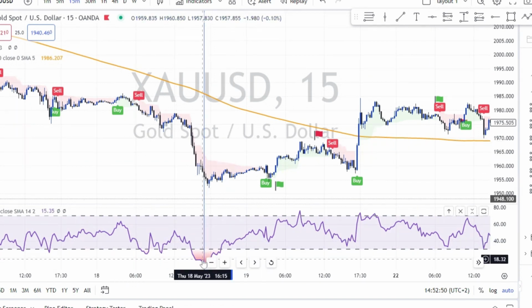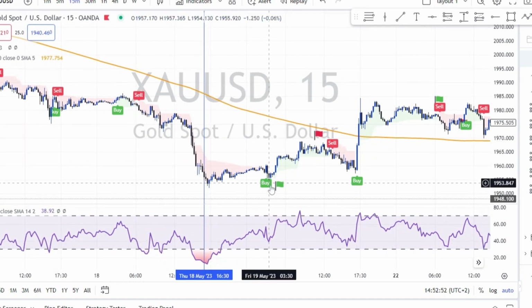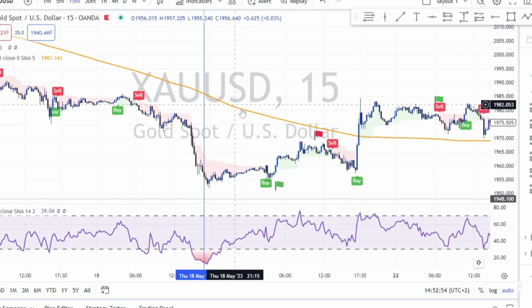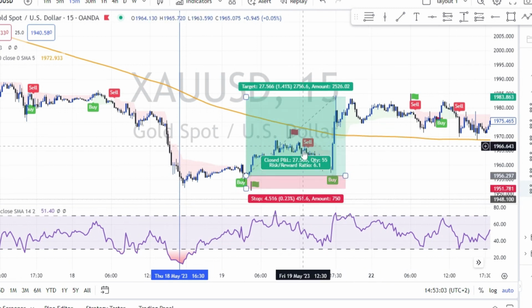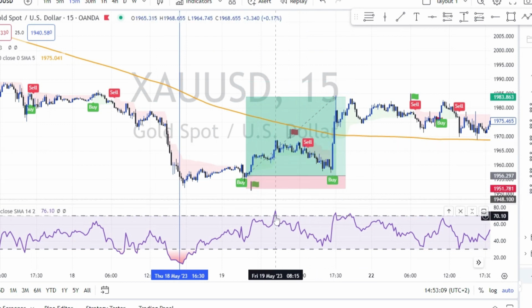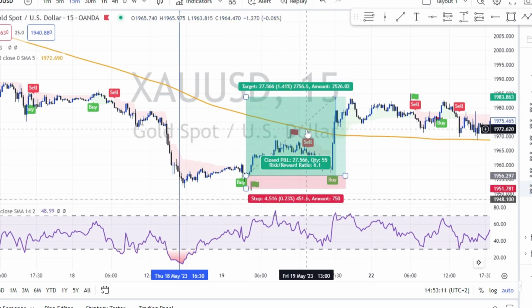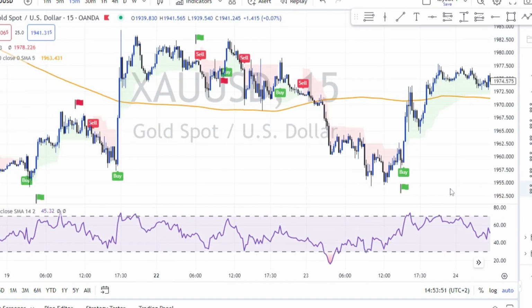Let's see the entries again. So we are oversold here. We have a buy signal here. We are below the MA. That means we are going to take this trade. Then we come here, we have a sell signal. We cannot take this sell signal because yes, we have an oversold situation here, but we are below the MA. We have an oversold situation here, then we receive a sell signal, right?